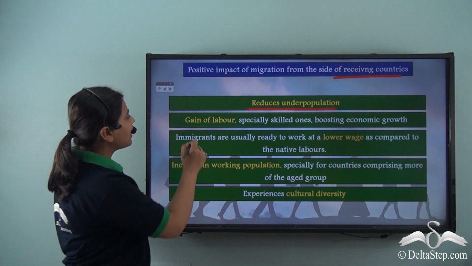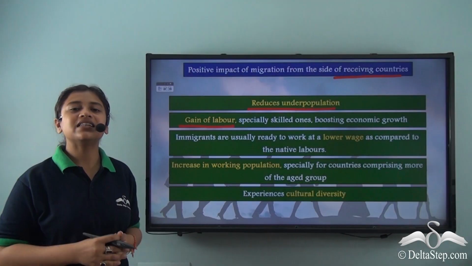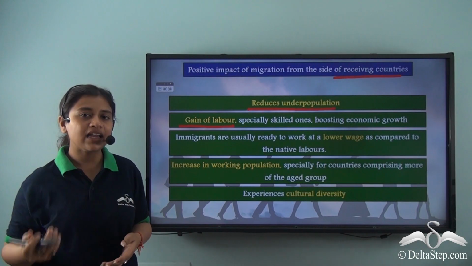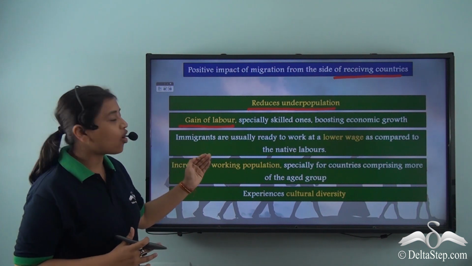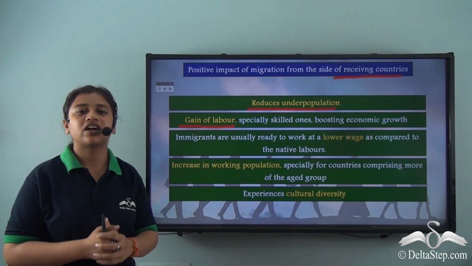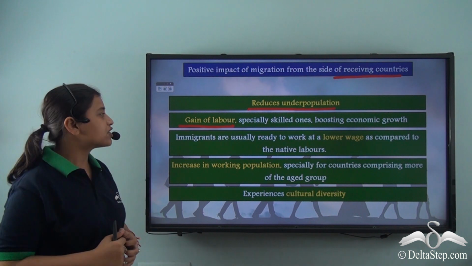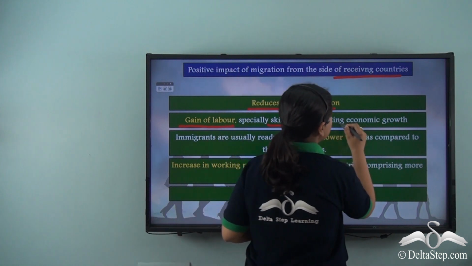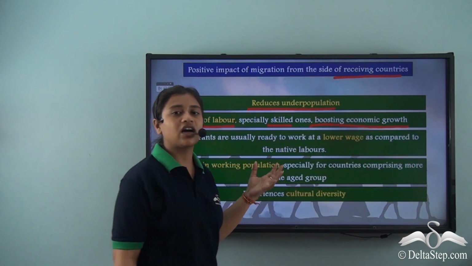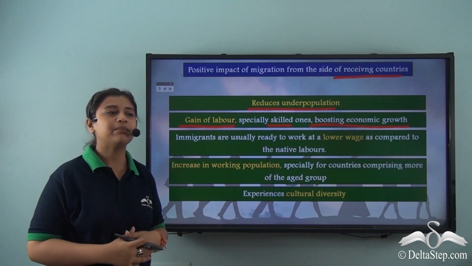Secondly, the gain of labor. These healthy personnel that come in with enough skills and knowledge are a gain of skilled laborers for the country receiving them, right? These laborers are generally skilled, and this helps in boosting the economy of the country receiving these immigrants.